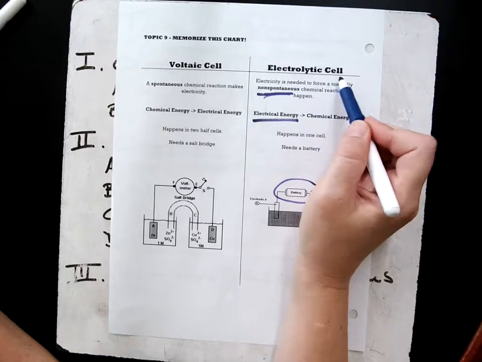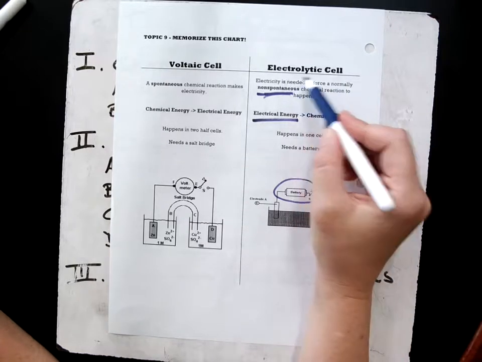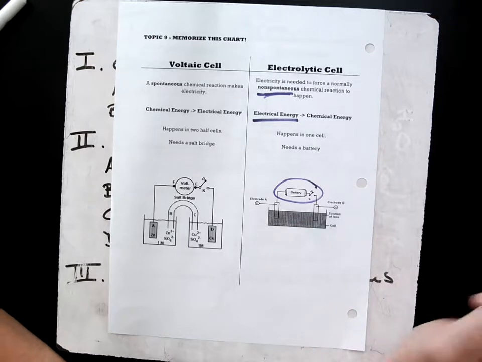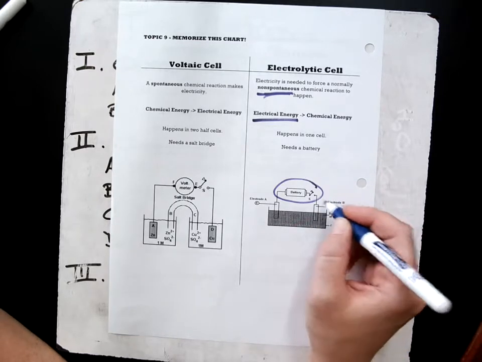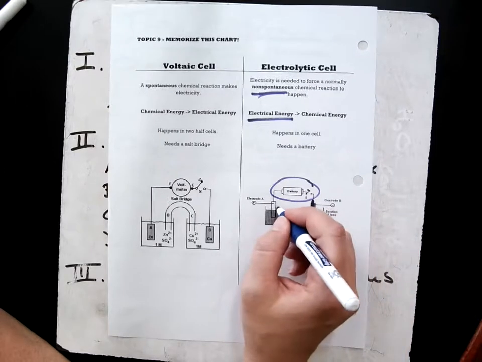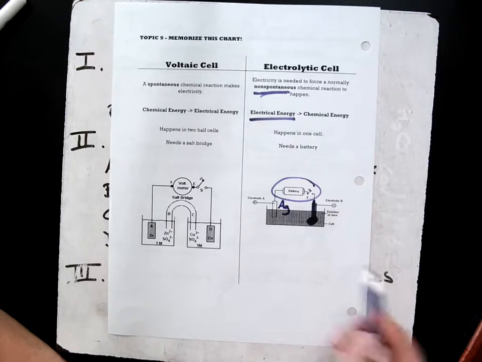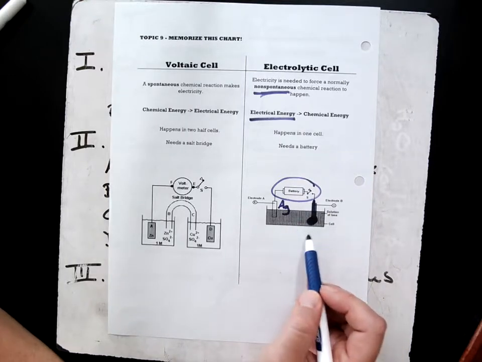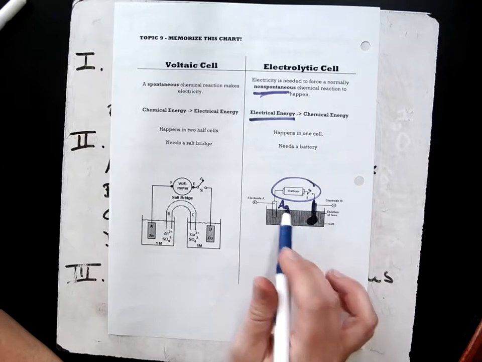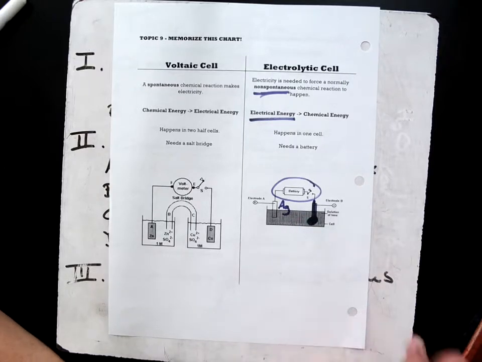So, electrolytic, it's not a coincidence that the electrolytic cell starts with electricity and forces a chemical reaction to happen. Often, this will be like a spoon and maybe a piece of silver or gold, plating the silverware with a precious metal on the outside, forcing the metal to bind to the outside layer.